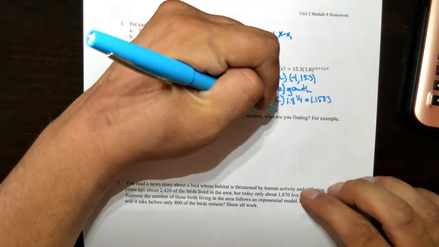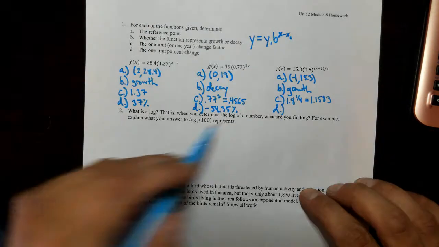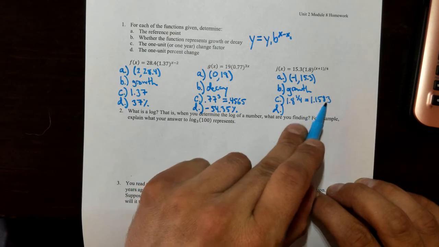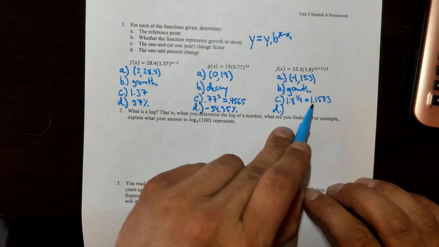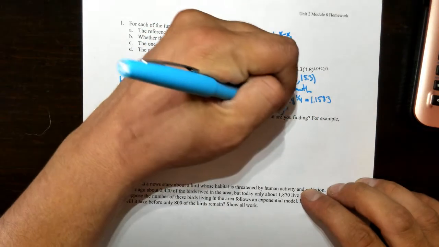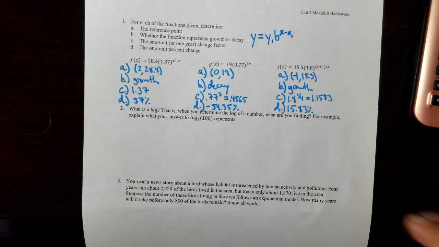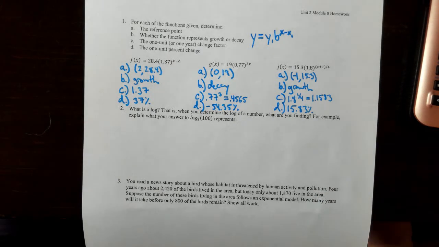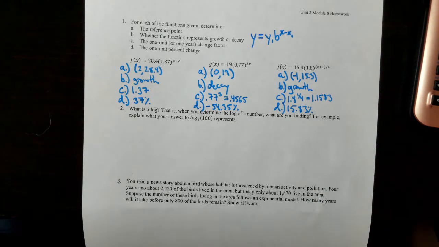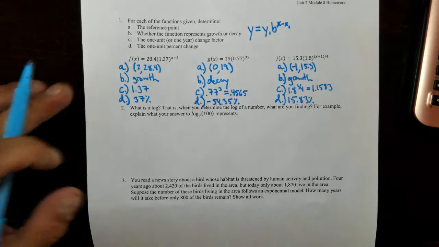For our percent change, we're going to get rid of this 1 here since it's growth, and it's going to be 15.83%. We want to put it in terms of 100. So there we have it.